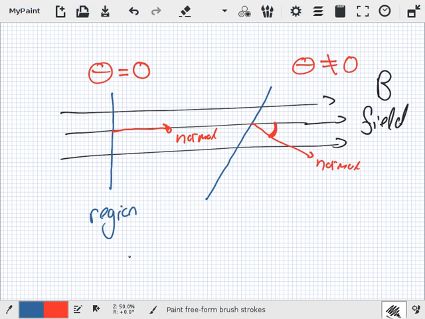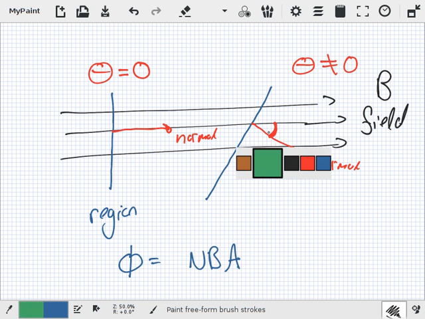So if I have a formula, total flux equals NBA, in this picture here, it's not NBA because I have to resolve. There's the B. So I need to resolve it this direction and this direction. So this is the cos and this is the sine.